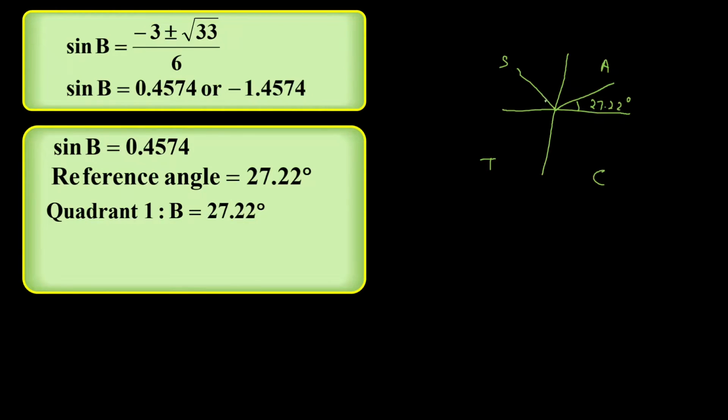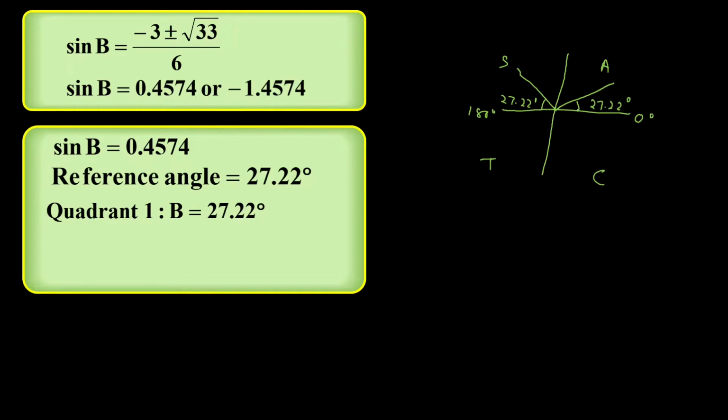So I have 27.22 degrees. Okay, so the reference line is going to be 180 degrees for this side and 0 for this side. Because I didn't go to quadrant 4, I don't need to bother about the 360 degrees. So for quadrant 1, sine positive, of course I will get back the answer 27.22.